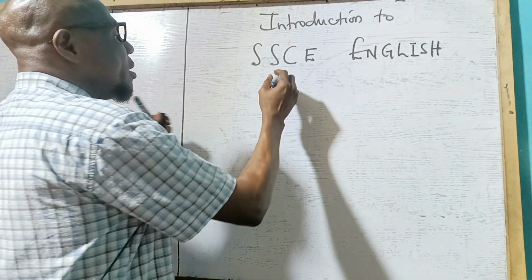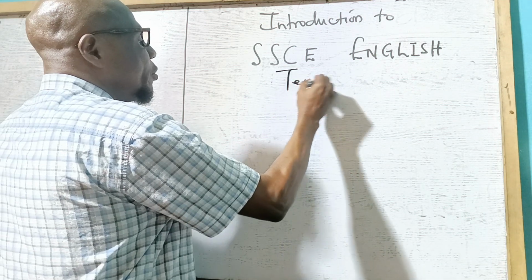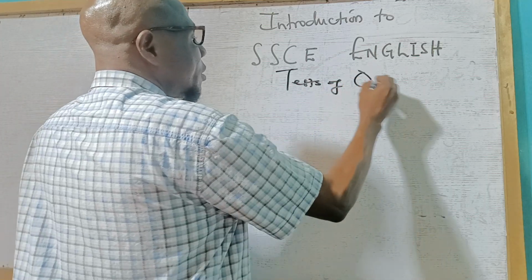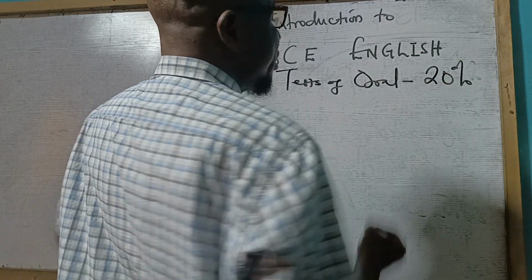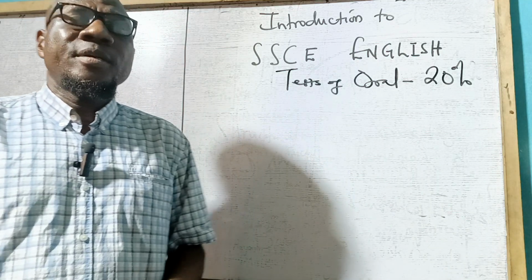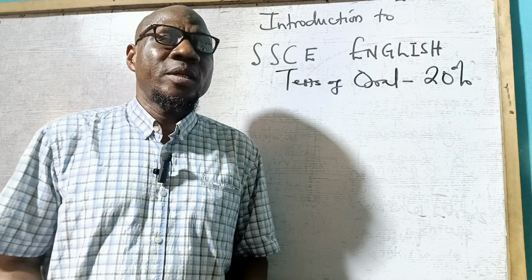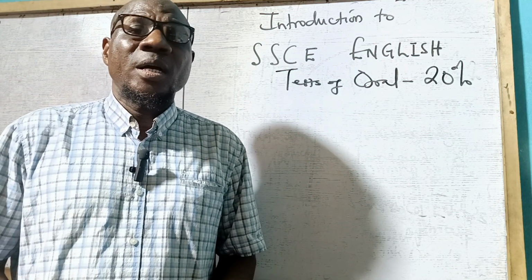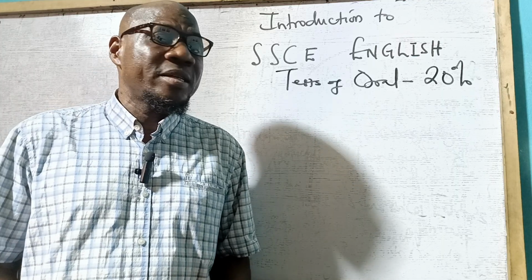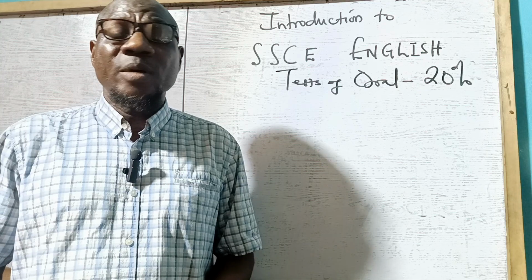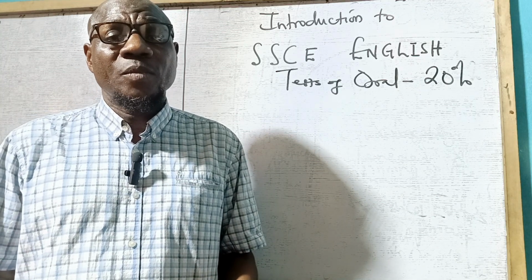Yes, the last paper is tests of oral. Test of oral is going for 20%. Yes, 20%. It's going to be 60 questions, and you're going to work on ensuring that at least out of the 60 questions, you're able to score above 50.